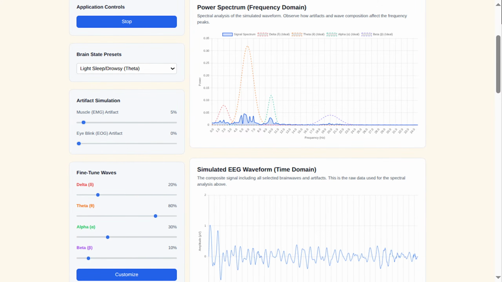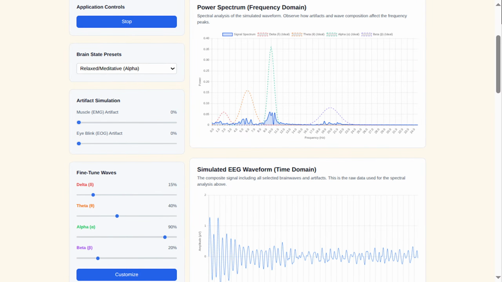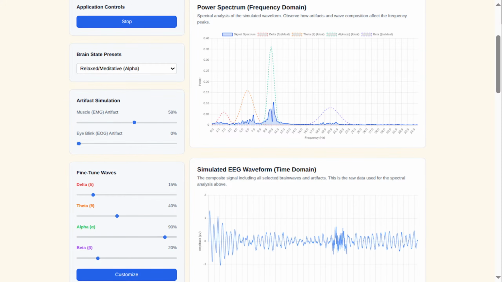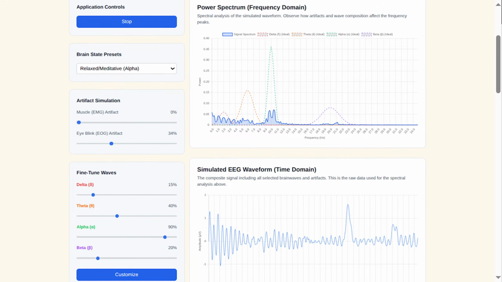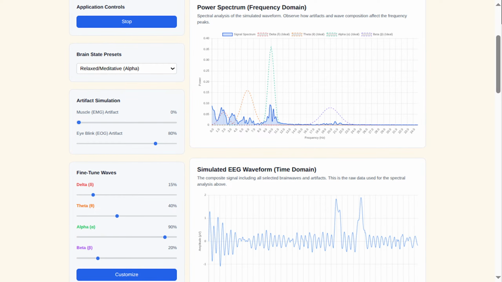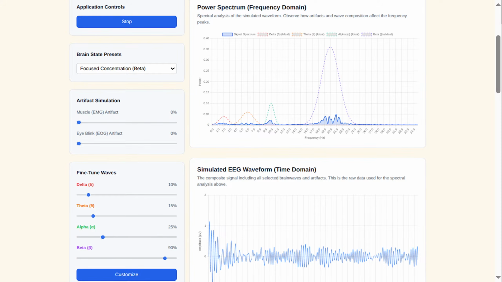Another term sometimes used is percutaneous electrodes. The main difference is in placement depth. Subdermal is just beneath the skin, while intracranial electrodes go deeper into or onto the brain surface. Okay, so we have subdermal, subcutaneous, and percutaneous, whatever.